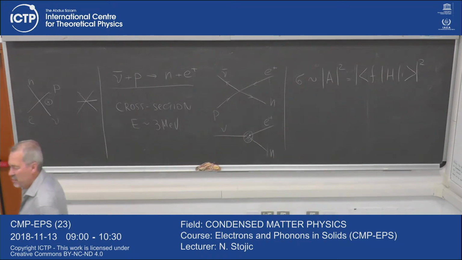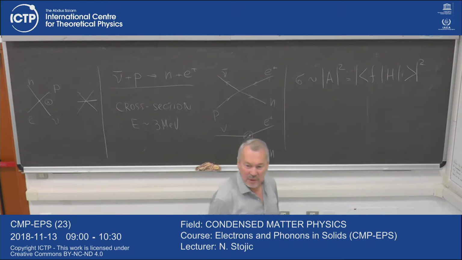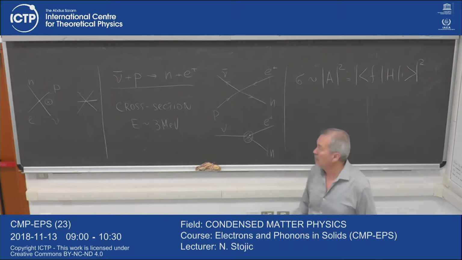Why do we use the Hamiltonian operator? Because it generates the time. The Hamiltonian describes evolution of the system in time. And so this is why we are computing the matrix elements of the Hamiltonian.